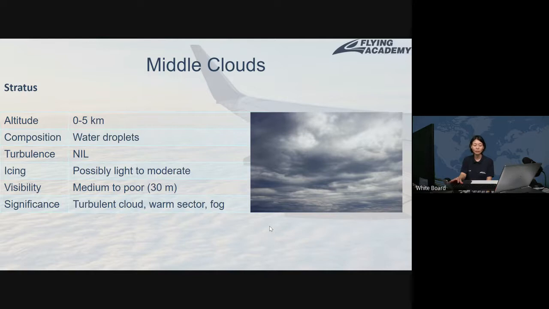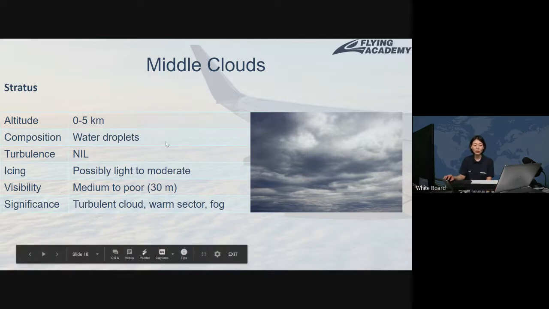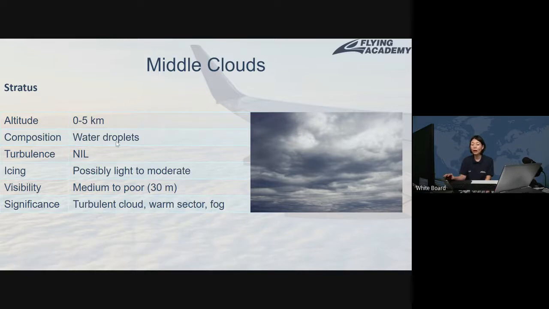If it is a stratus, it becomes a layer and the altitude is quite low. Now we don't have any ice crystals yet, we still have water droplets. Since it is a layer, there is not that much turbulence, but icing can possibly happen. Why? Because inside the cloud it is water. When the aircraft flies into that water, if you remember, at the leading edge of the wing, because of the stagnation point, the pressure can be very low.